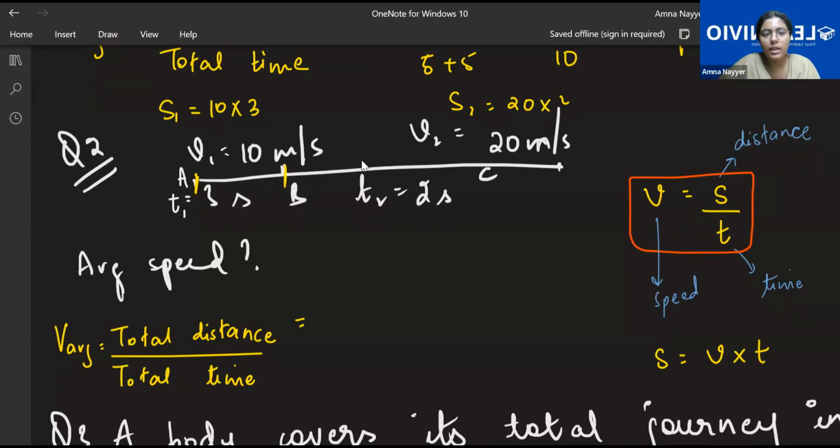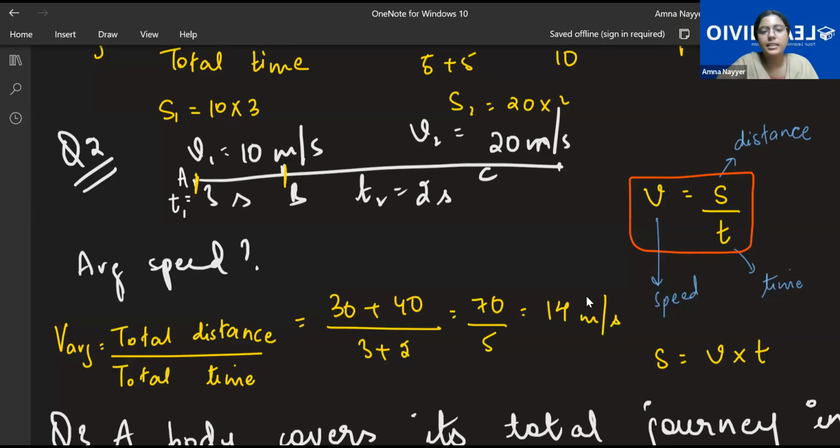Look, what will be the total distance? 10 into 3 is 30 plus 20 into 2 is 40, divided by 3 plus 2, total time. This is 70 by 5, so this is 14 meter per second.